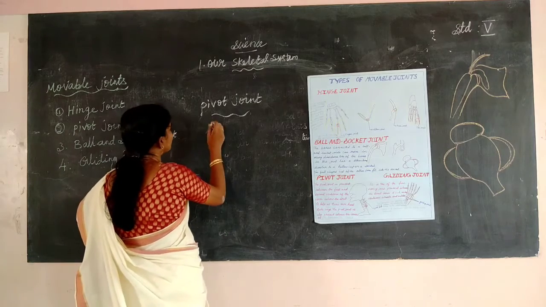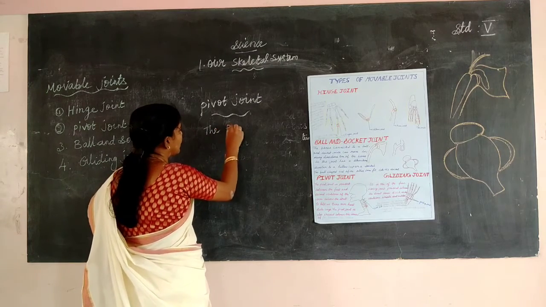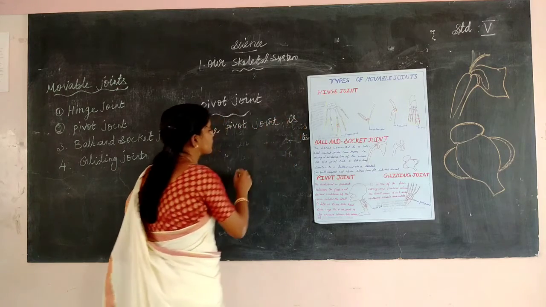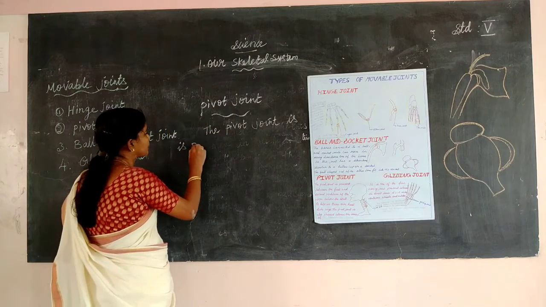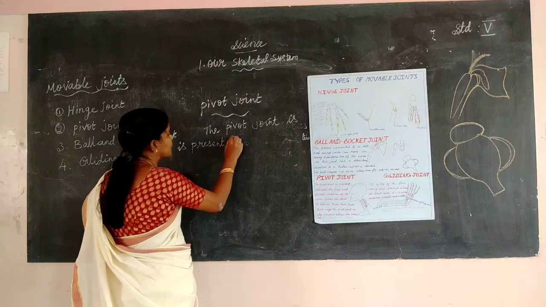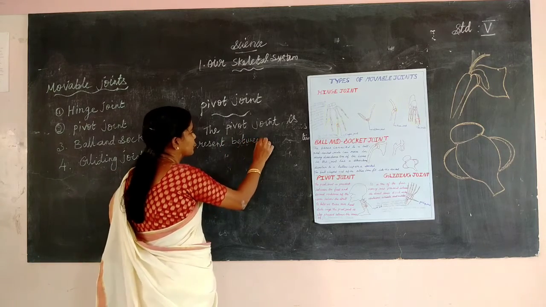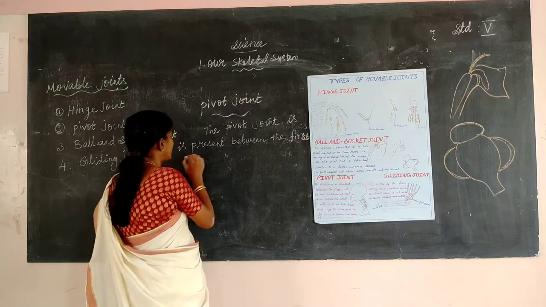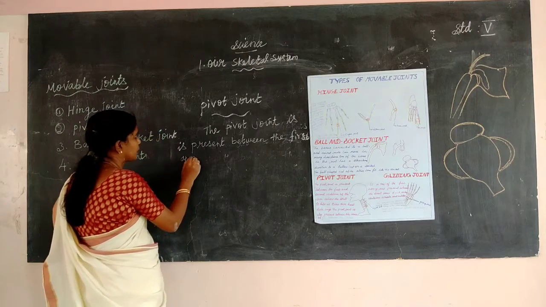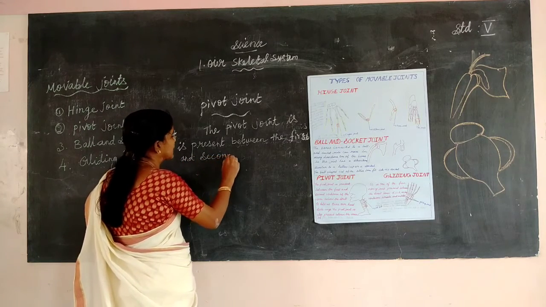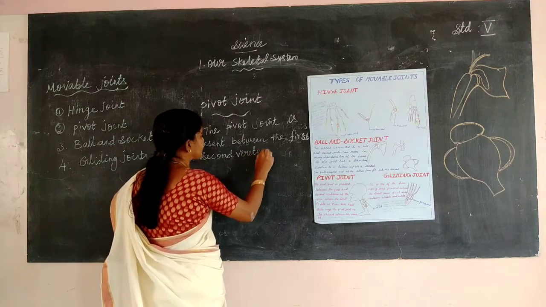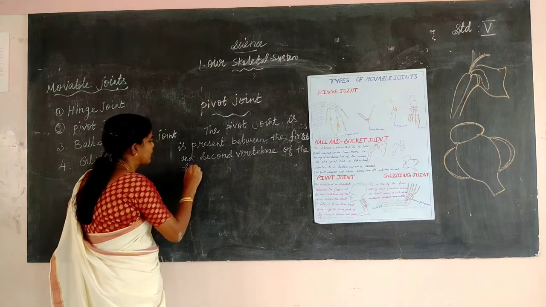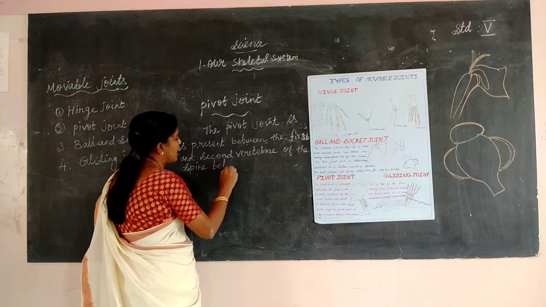This pivot joint is present between first and second vertebrae of the spine below the skull.